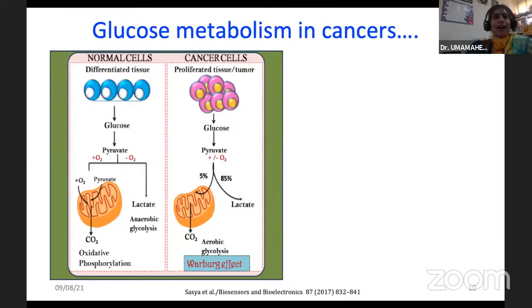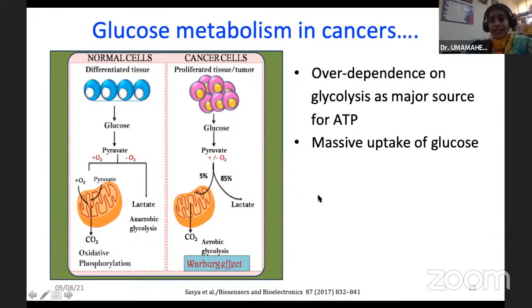So we wanted to look at the cancer cells where the glucose metabolism is slightly different from that of the normal cells. So in the cancer cells, the major source of ATP is glycolysis. So glucose is actually the major source of energy for cancer cells when compared with the normal cells, where we also have the citric acid cycle that is involved in generation of ATP, which is the energy source for the cell.